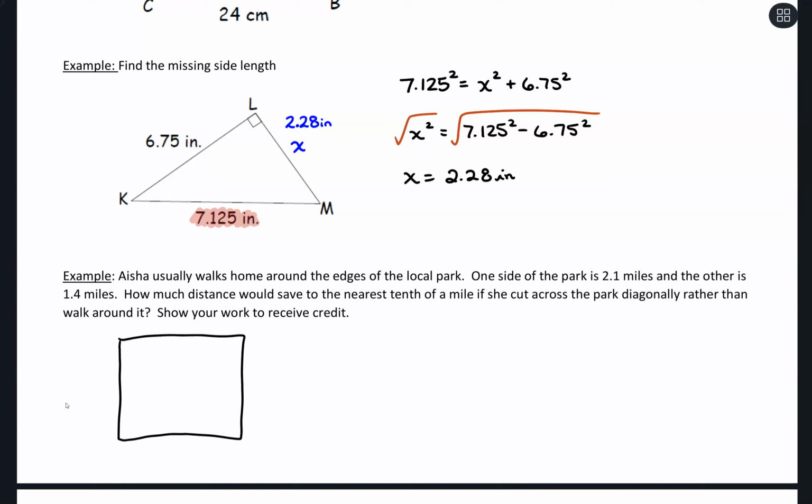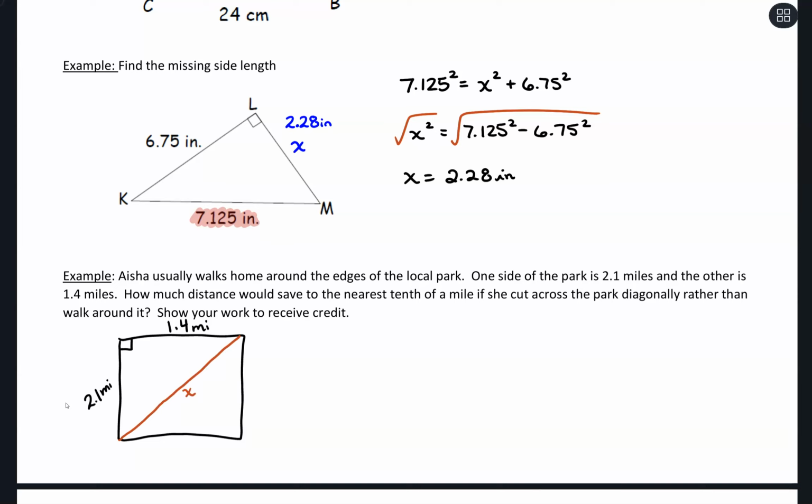Okay, here's our park. And what Aisha's going to do is usually she goes 2.1 miles, 1.4 miles. But now what she's going to do is cut across diagonally, and we want to know what is that diagonal.